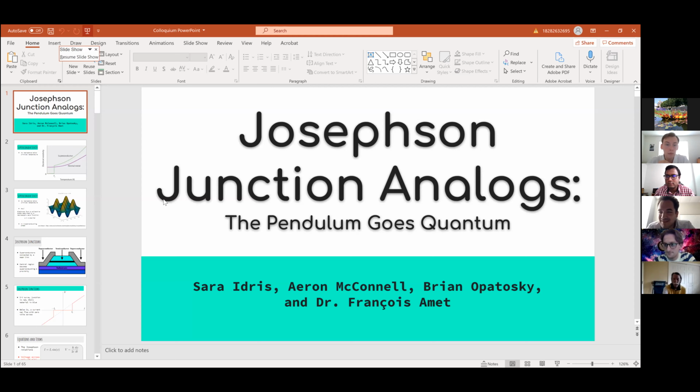I'll take that one. So we have an apparatus at App State in room 267, which is called a sputtering system. That's a system that allows you to evaporate thin films of any metal you want. And in particular, we can evaporate superconducting thin films.